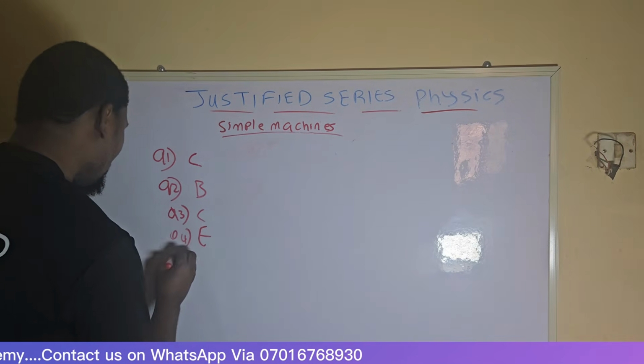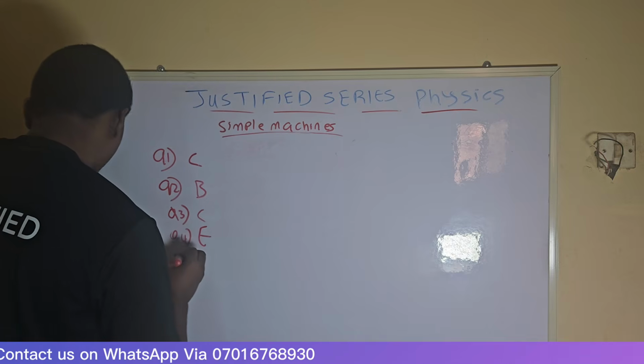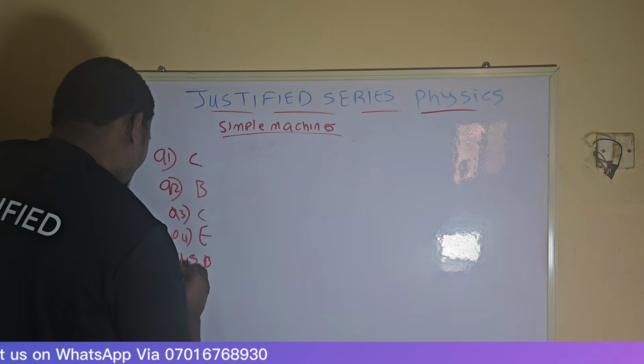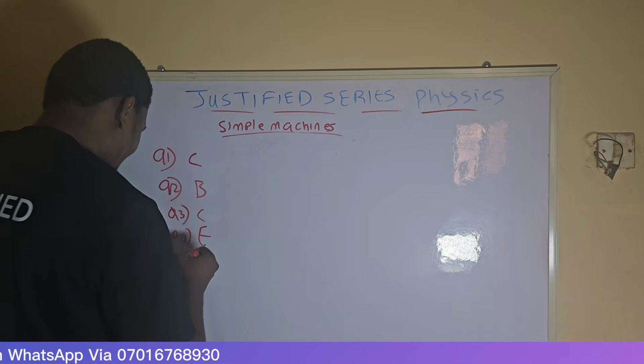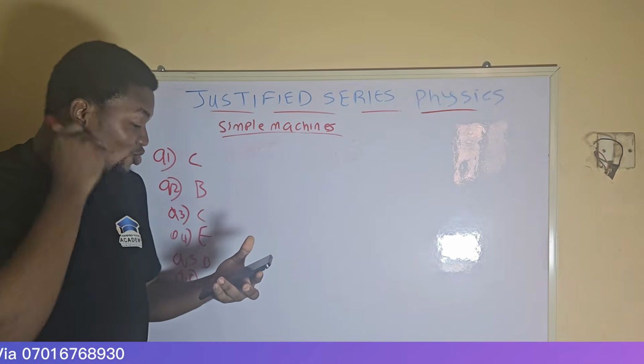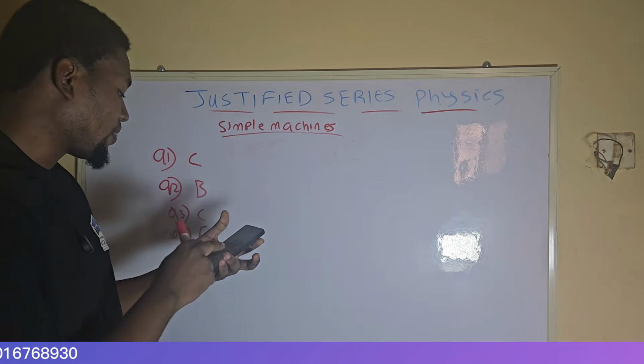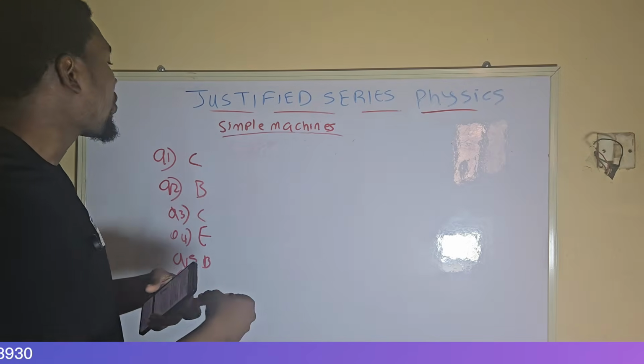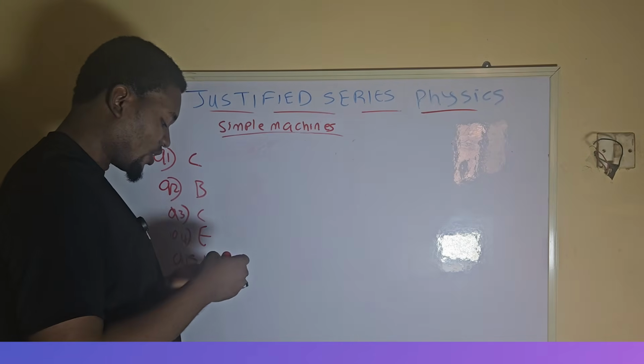Okay, so question 5 is B. Now question 6 is what we are pending. Open your ears and learn. For question 6, you have to write out what you are given.